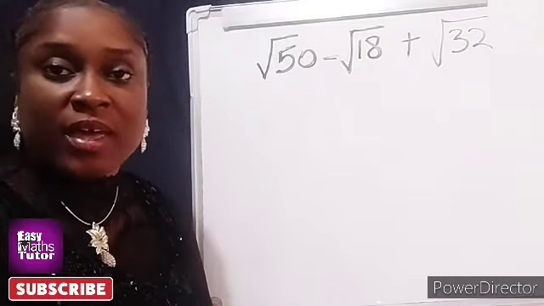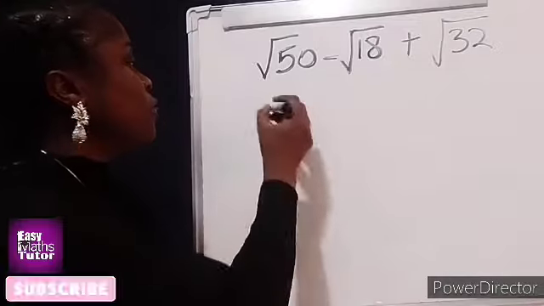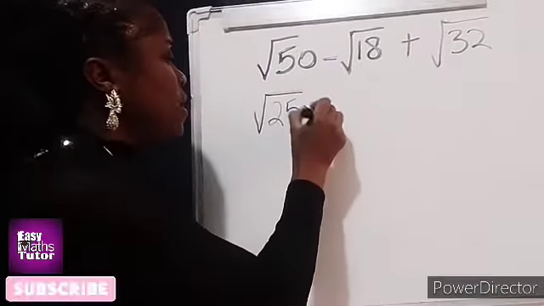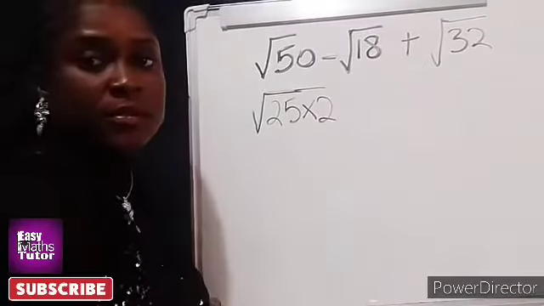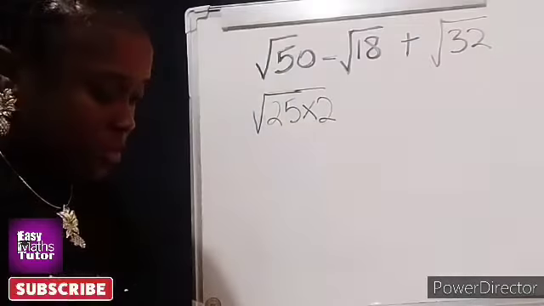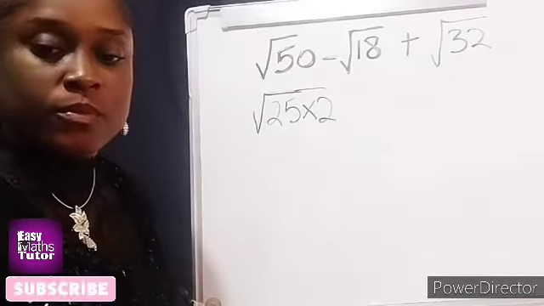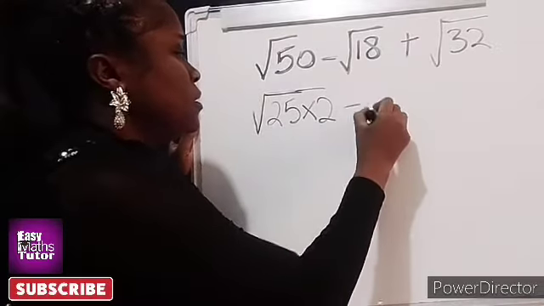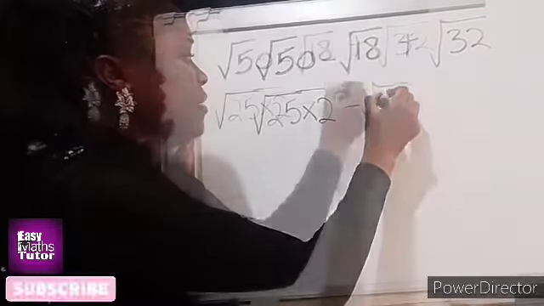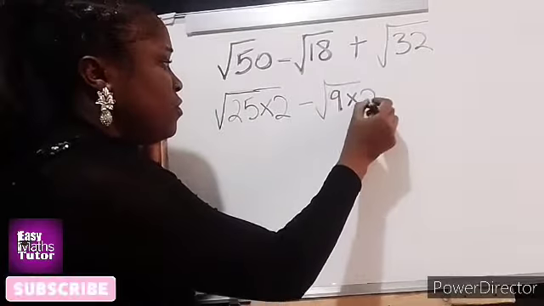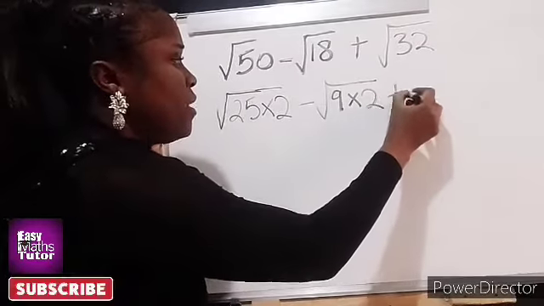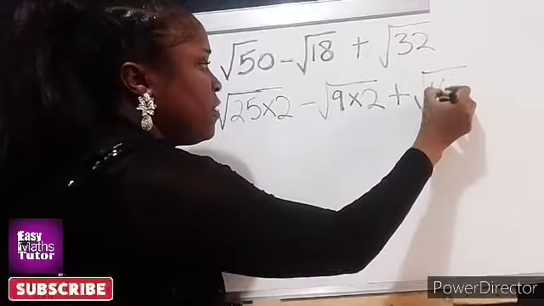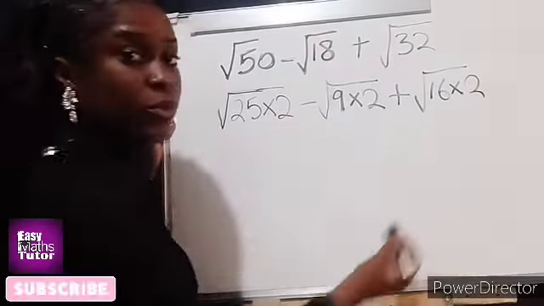So let's jump right ahead and simplify this problem. First, the square root of 25 times 2. And then minus the square root of 9 times 2, and then plus the square root of 16 times 2.